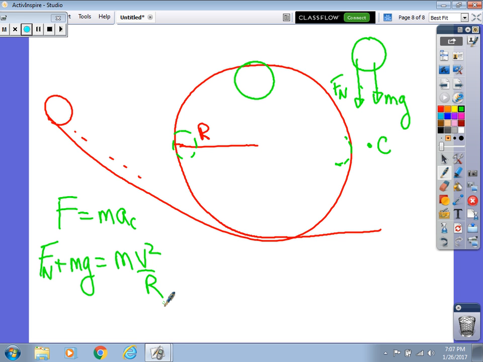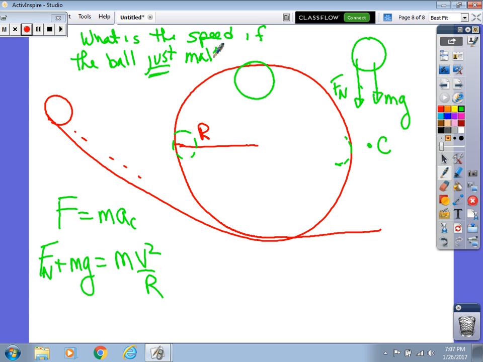You could find a lot of things from this. You could find out how big the force of the track is. You could figure out so much stuff. But one of the things they like to ask is, what is the speed if the ball or the cart or whatever just makes it around the circle?